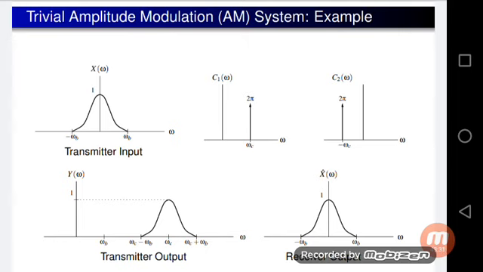And other examples of modulation. Modulation means modifying, converting signals from one form to another. So these are different applications and examples of major electronic components.